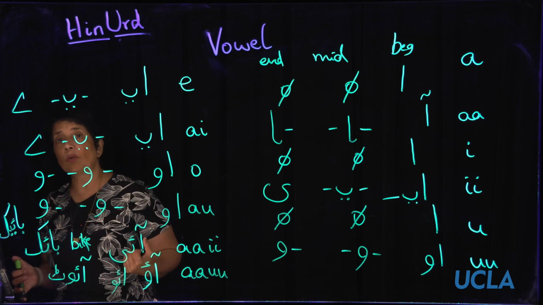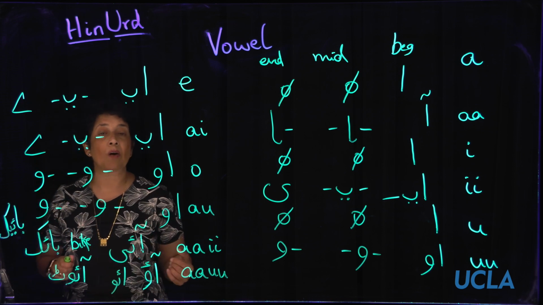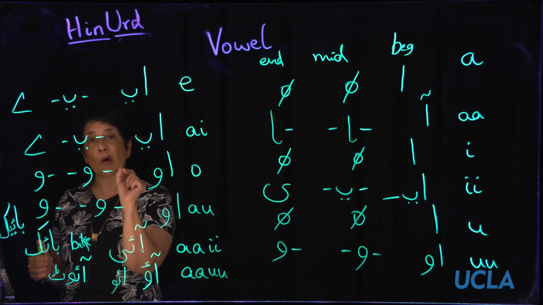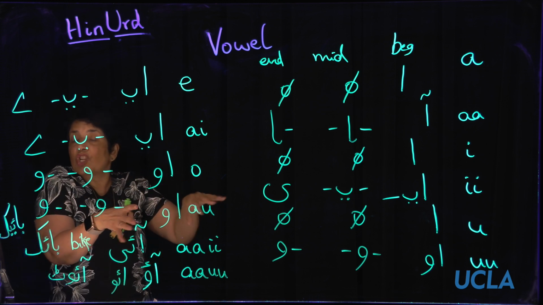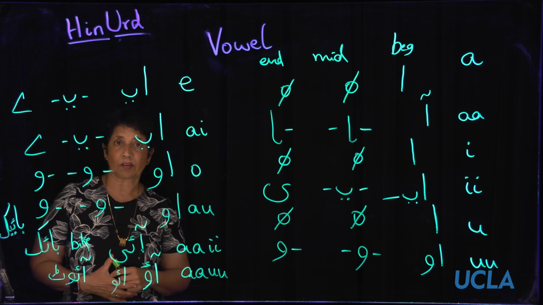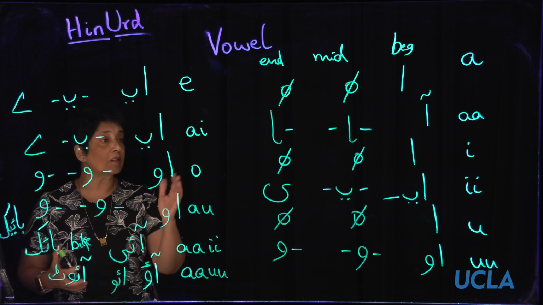And finally, in Urdu script, we need to talk about one representation, one grapheme, but different shapes depending on where it occurs, especially with consonants.